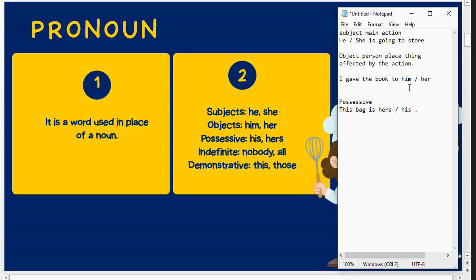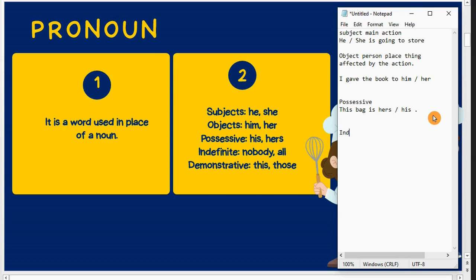This is the possession, that the bag is of that person. We're talking about that this bag is his, hers. That person has specific possession of the bag. That's why it's known as possession.